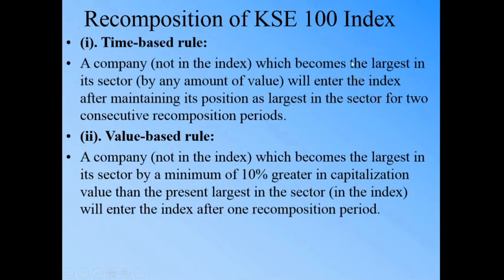For that case, you have to maintain your position for two consecutive recomposition periods. But if your value increased by 10% or more than the existing company included in the index, and it maintains that position for one recomposition period, it will be included.